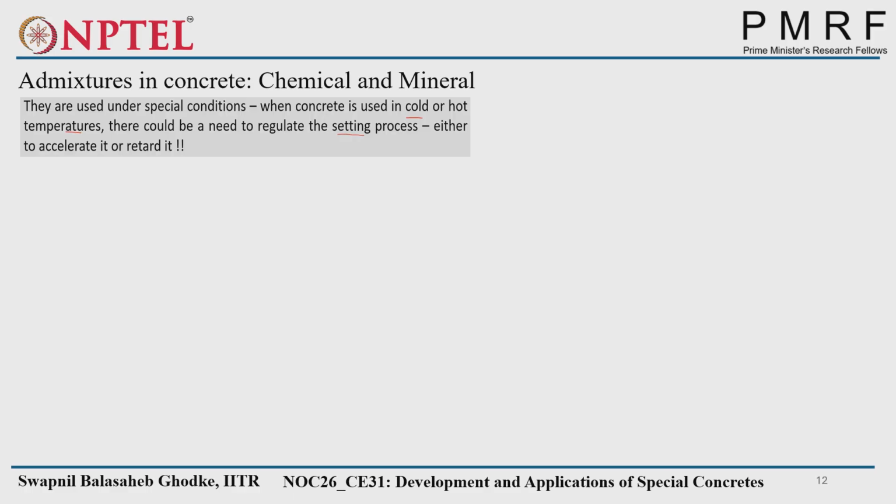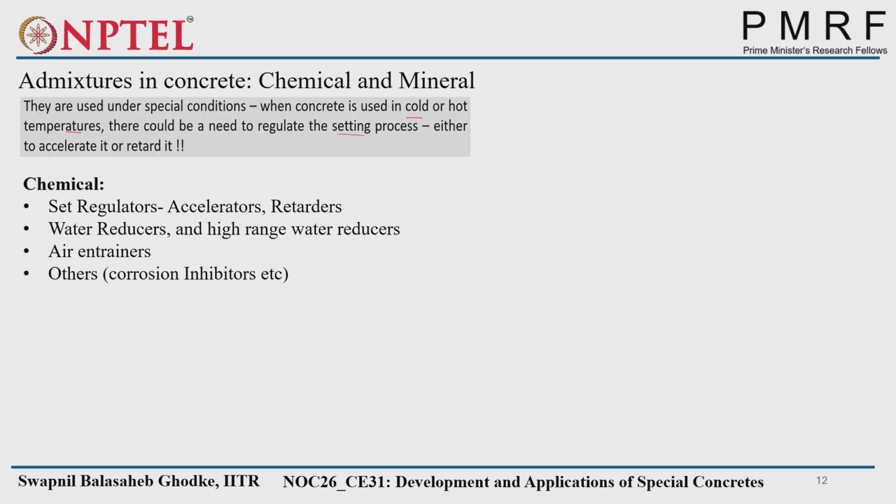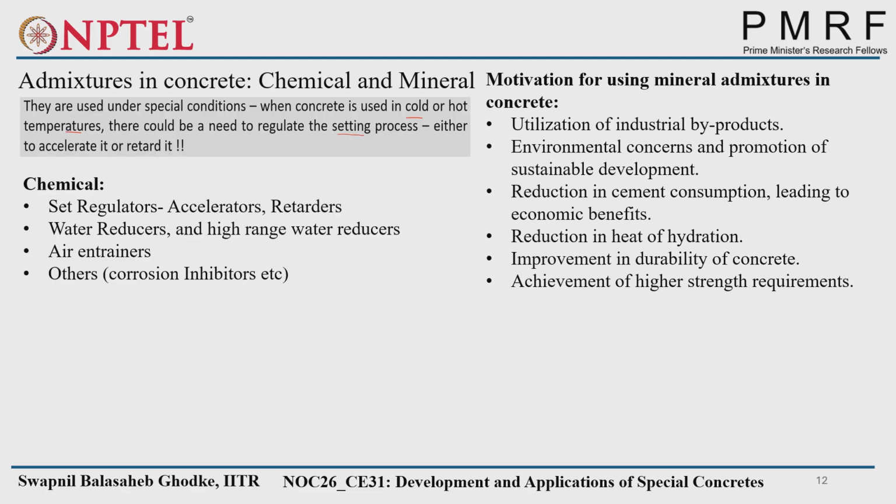Then accelerators, in cold countries or in underwater concreting, wherever we require fast hydration. Then different types of chemical admixtures such as set regulators, accelerators, retarders, water reducers, and high range water reducers. These are the superplasticizers, air entrainers, air entraining agents, and corrosion inhibitors. Corrosion inhibitors avoid the corrosion of the bar in the concrete, so we put them into the concrete as an admixture.